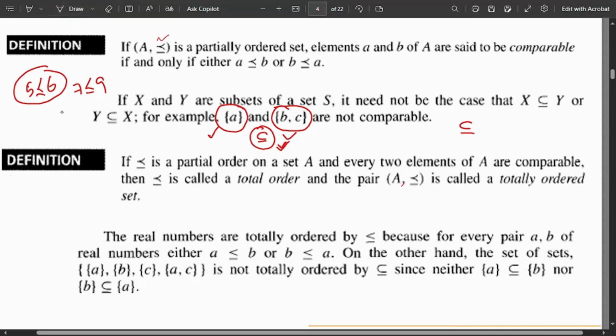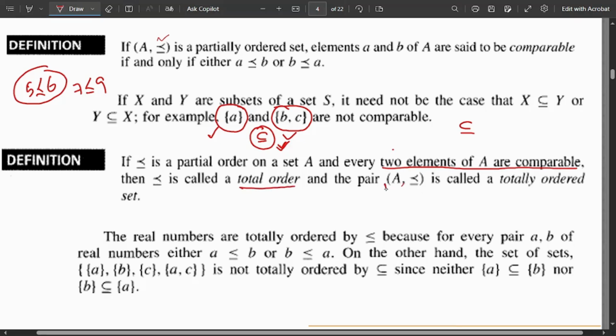So now we define total order. What is total order? Any partially ordered set where every two elements are comparable is called a totally ordered set.